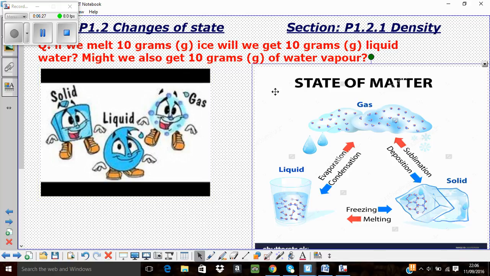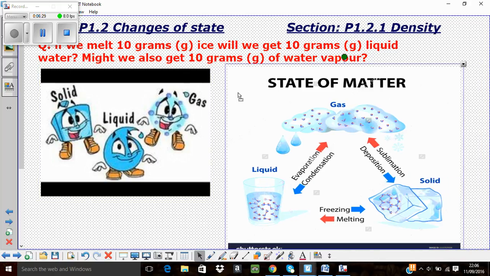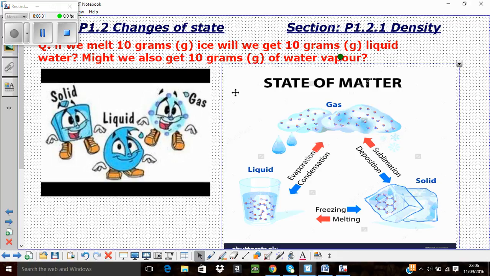Now, if we look at these three states of matter and the way that they change between each other, we have solid, liquid, and gas, and the transfer between one state to another: solid to liquid is called melting, liquid to solid back is called freezing.